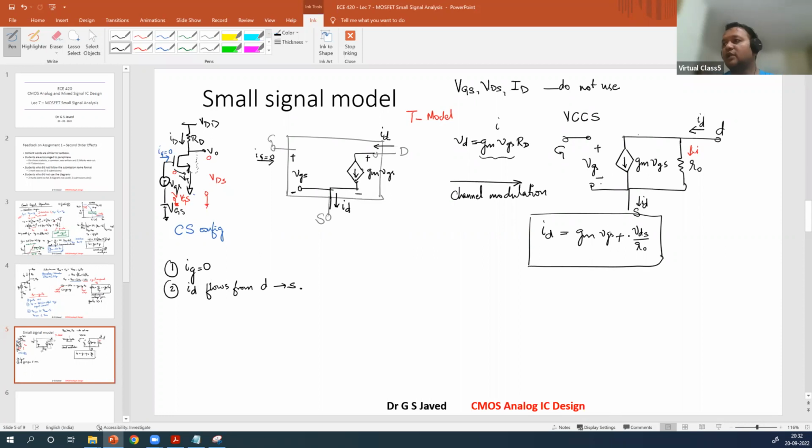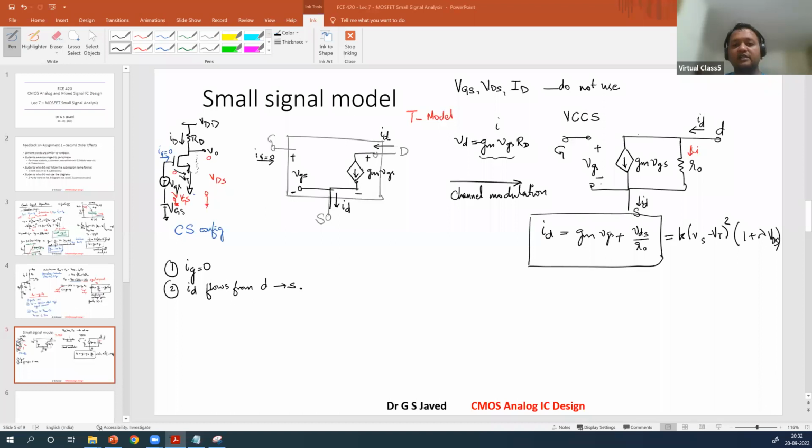Now, channel length modulation, you can equate, if you remember, is K times (VGS minus VT) the whole square times (1 plus lambda VDS), where this is the capital VDS. Now, how do you derive it?